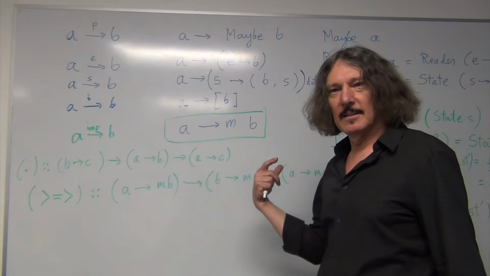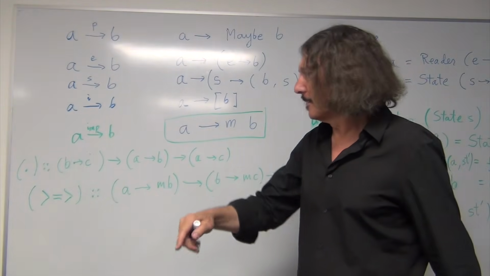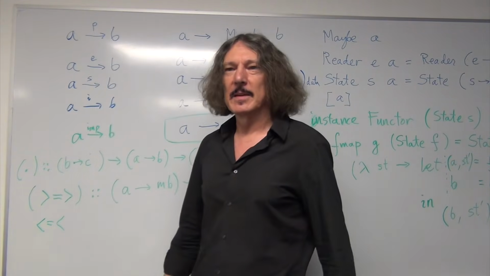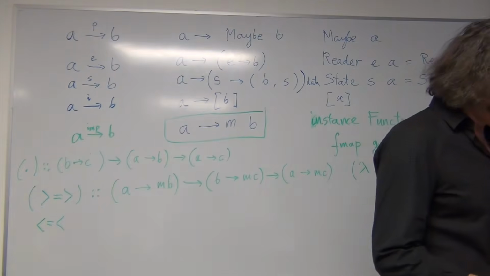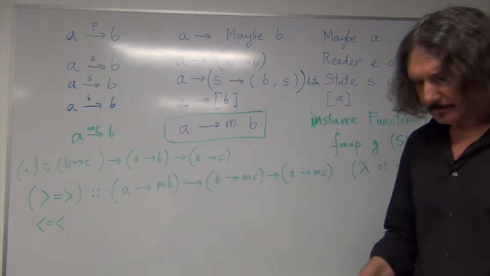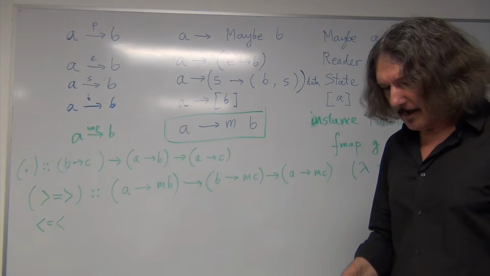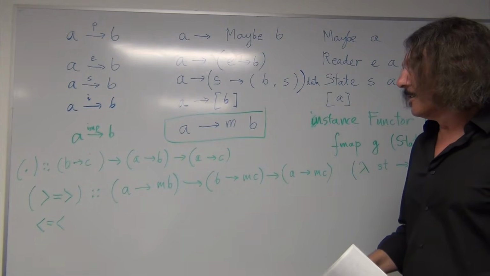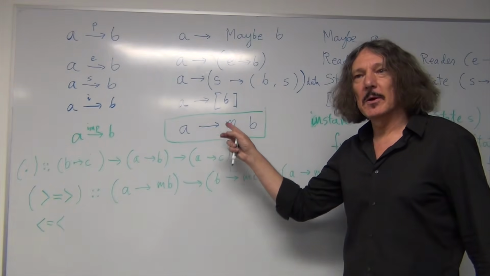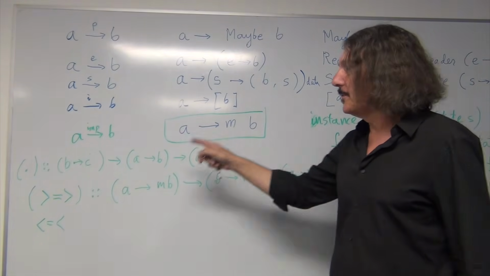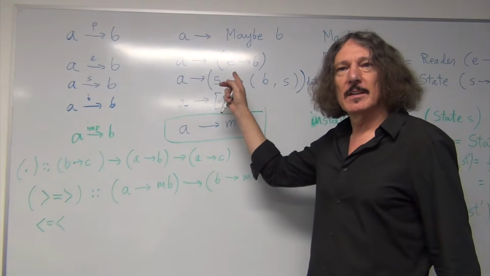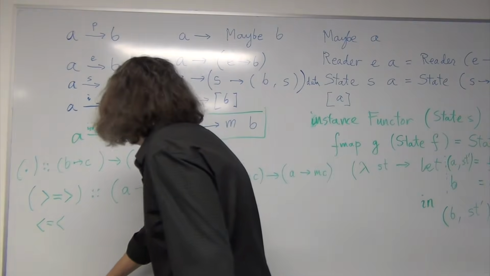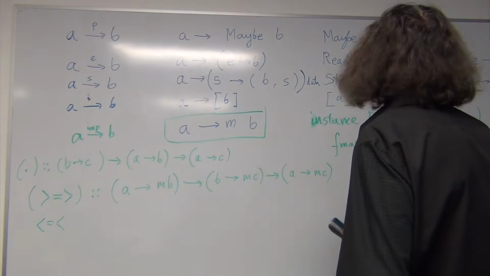There's also the inverse fish that goes the other way, but it's not used very much. If we want these things to be composable, we have to define the fish operator for each of them. And for each of them, the fish is different. There are different kinds of fishes.